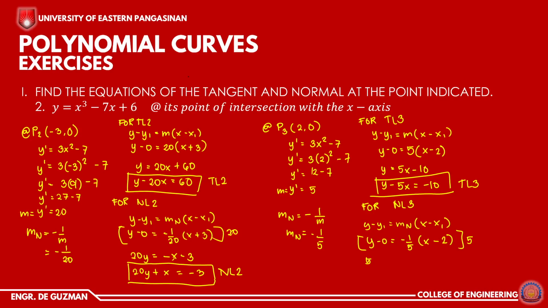So, 5y plus x is equals to positive 2. So, this is our normal line 3. So, ganyan natin isolve yung mga problem na walang binigay na points. So, una hahanapin natin yung value ng x and y.